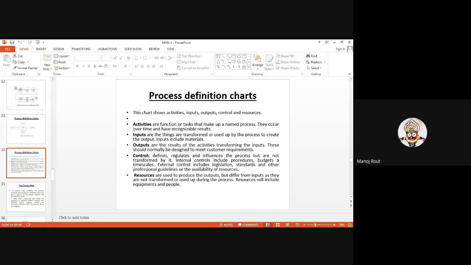The control defines, regulates, and influences the process, but is not transformed by it. Internal controls include procedures, budget, and a time scale. External controls include legislation, standards, and other professional guidelines, or the availability of resources. And finally, the last one is resources.